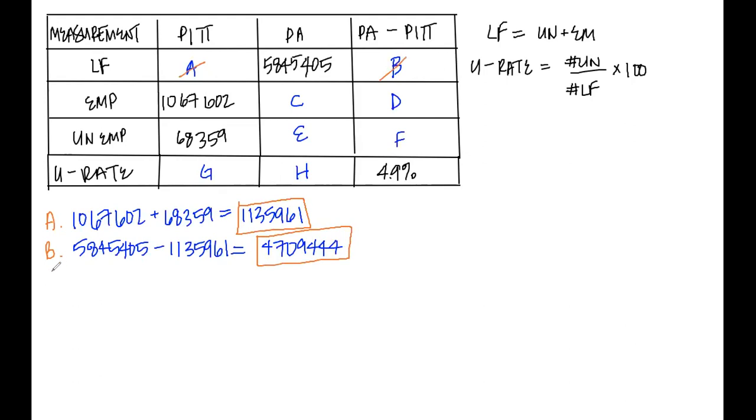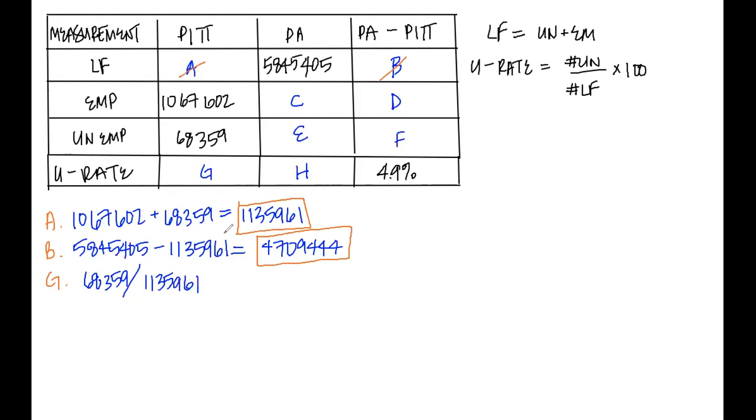So bear with me. The next thing I can solve for, let's see. I'm going to solve for G, which is the unemployment rate. So we know from our equation that'll be the number of unemployed over the labor force for Pittsburgh. So that'd be 68,359 divided by the labor force, which we just solved in A to be 1,135,961.